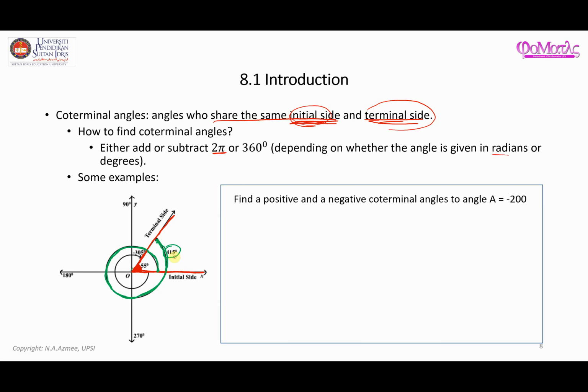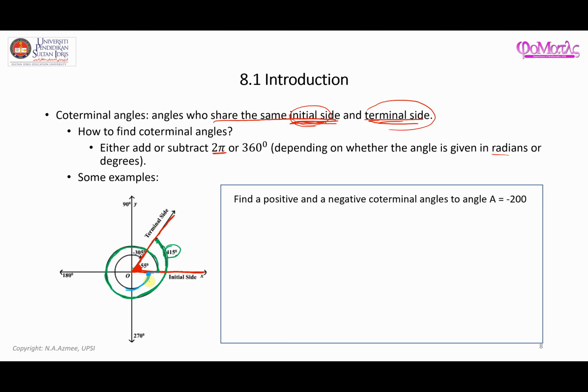So 415 degrees is the coterminal angle of 55 degrees. Now, we can also find another angle. If you have this angle starting from this point, sharing the same initial side, it goes in this direction.